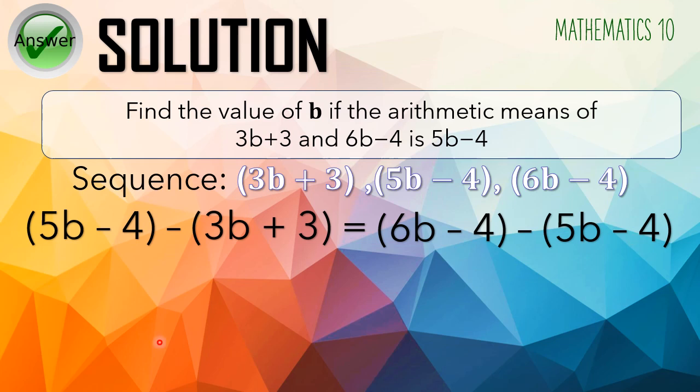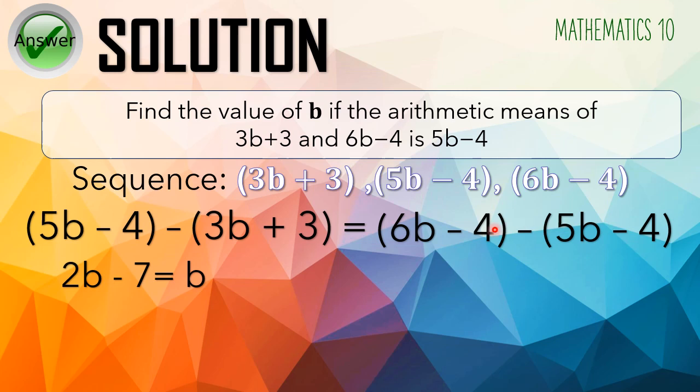And so, let us just simply combine the like terms. So we have 5b minus 3b, it's 2b. Negative 4 minus positive 3, it's negative 7. And here on the right side of the equation, 6b minus 5b, it's b. And negative 4 minus negative 4 is 0, so you don't need to write anymore.